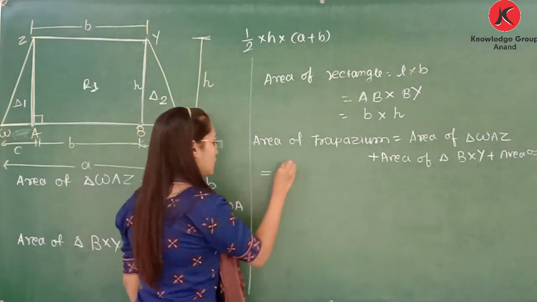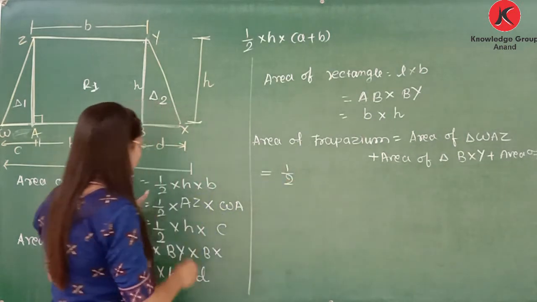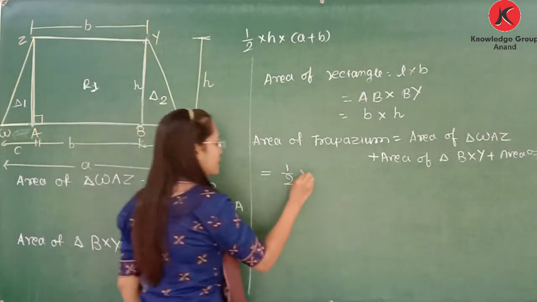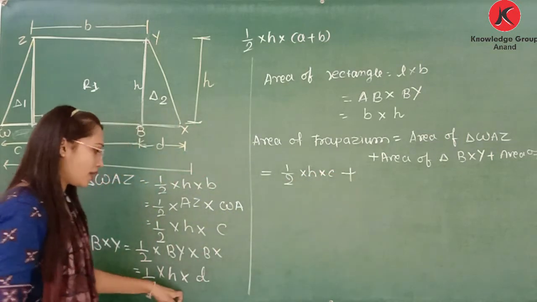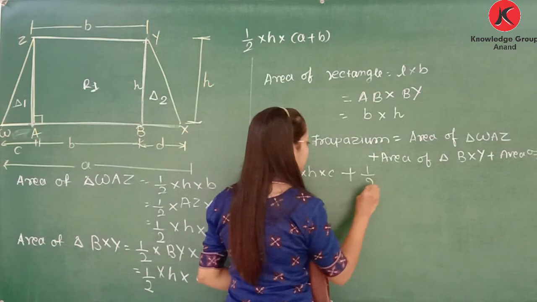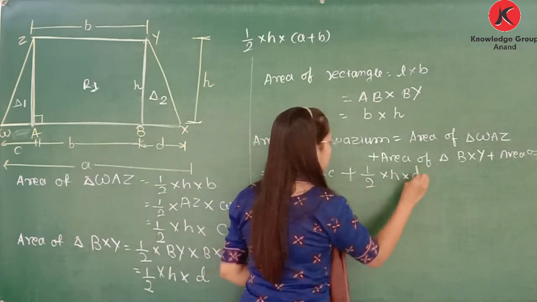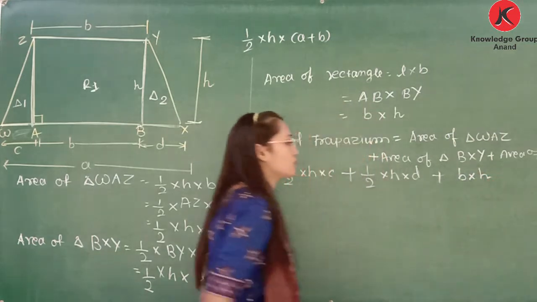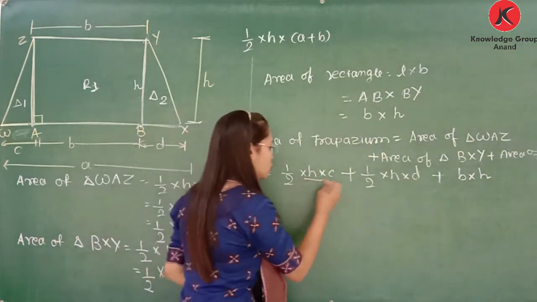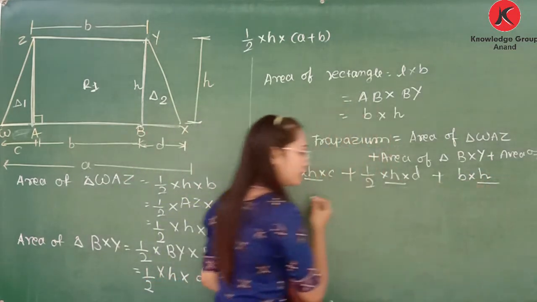So it is 1 by 2 H multiply C plus 1 by 2 H multiply D plus B multiply H. Now here we have H, H and H, so take out common.